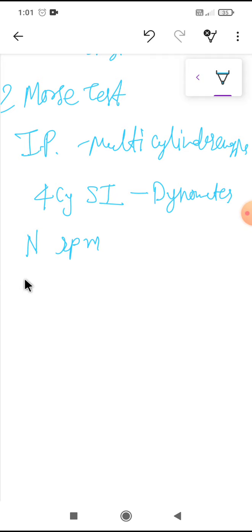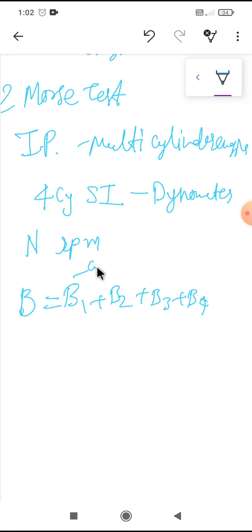Let us suppose B is the total brake power of all the four cylinders. So B1, B2, B3, B4 are the brake power of the engine when cylinder 1 is cut off, when cylinder 2 is cut off, when cylinder 3 is cut off, and when cylinder 4 is cut off.